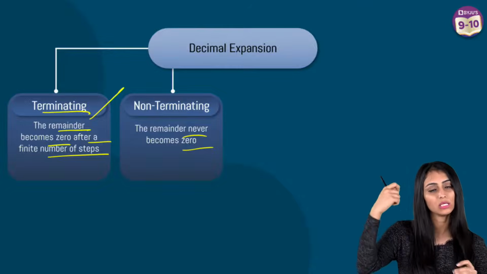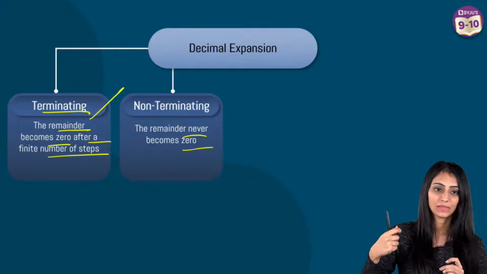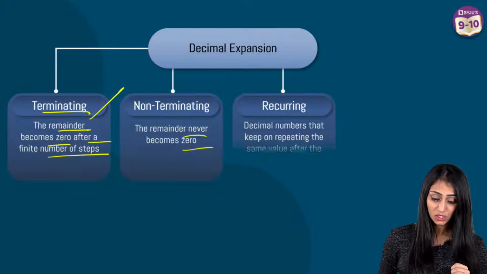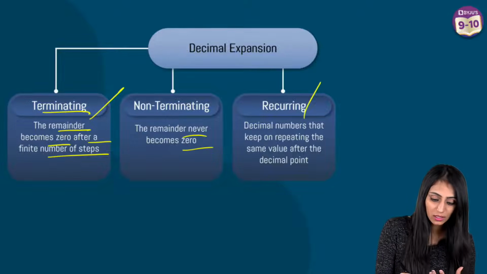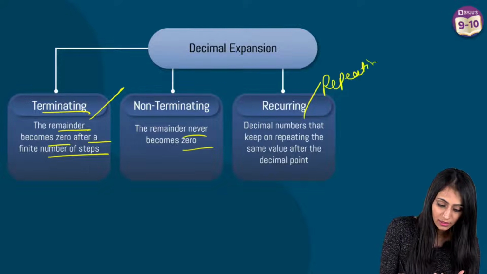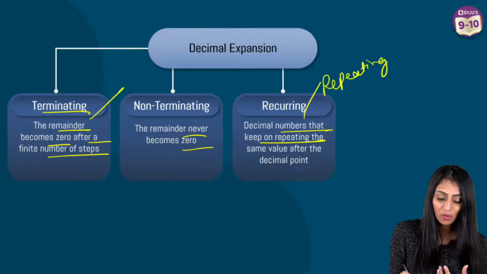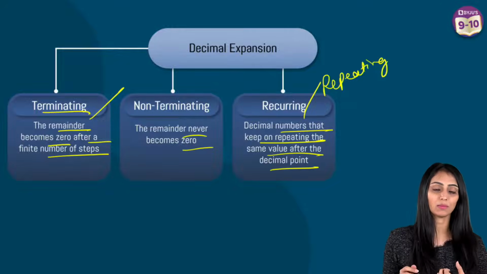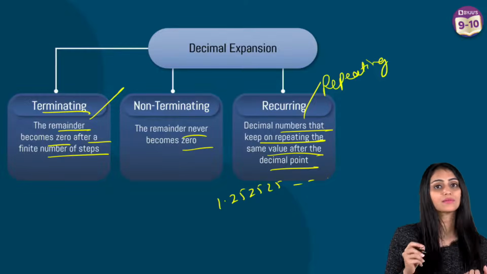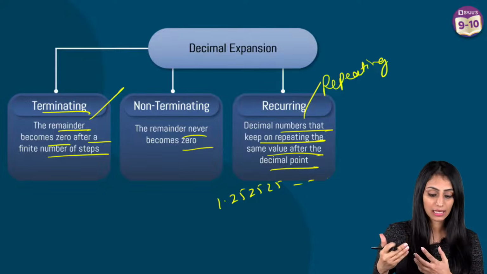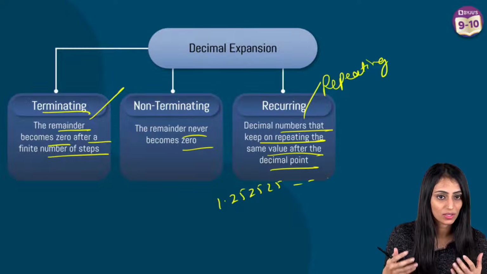This is endless. You keep dividing, keep dividing. Talking about the recurring one, as the name suggests, recurring means repeating. It will reoccur. So decimal numbers that keep repeating the same value after the decimal point, let's say 1.252525 and so on, where the same value is repeating, have a recurring decimal expansion.